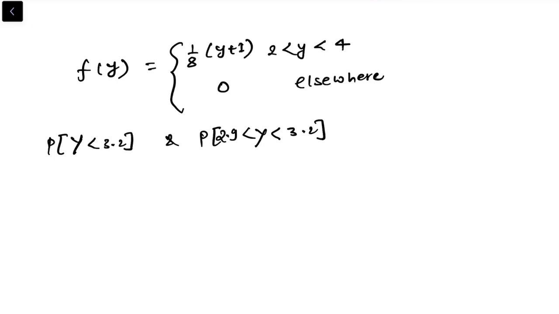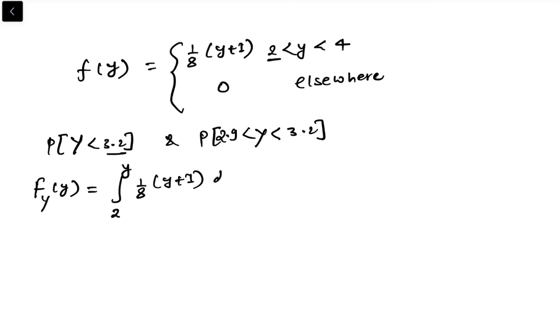In this question, it is better to find the CDF first, and then we'll calculate the probability by substituting the values. So let's calculate the CDF up to the point y. Then we'll put the values 3.2 and 2.9 in place of y. Our lower limit is 2, so we'll integrate from 2 to y, and the PDF is 1 over 8 times y plus 1.